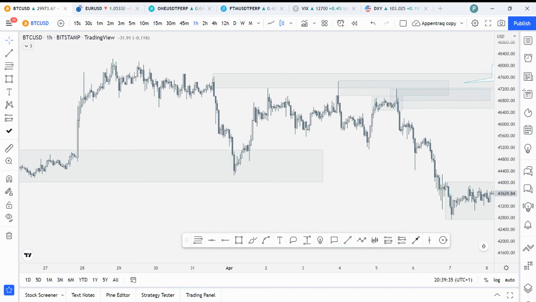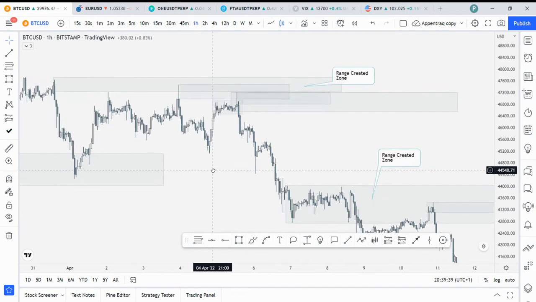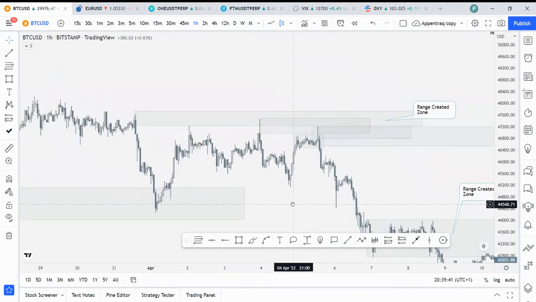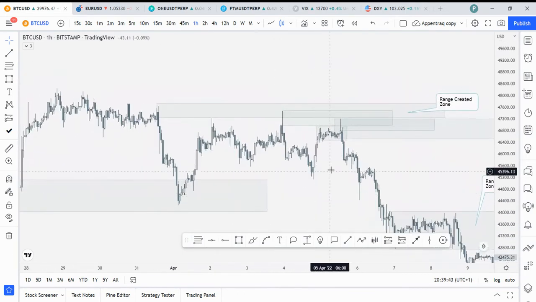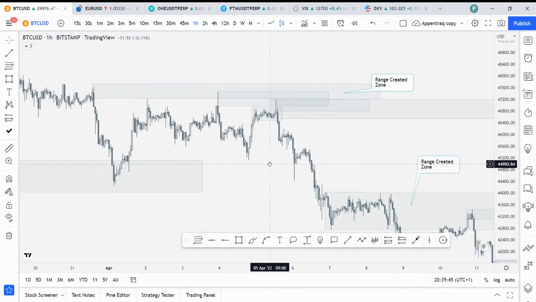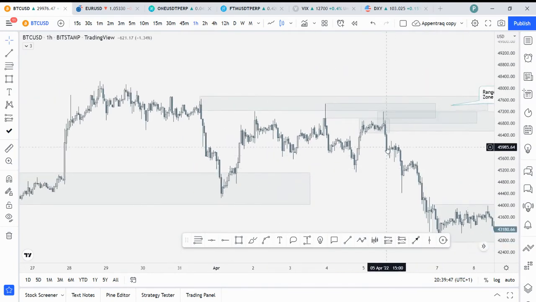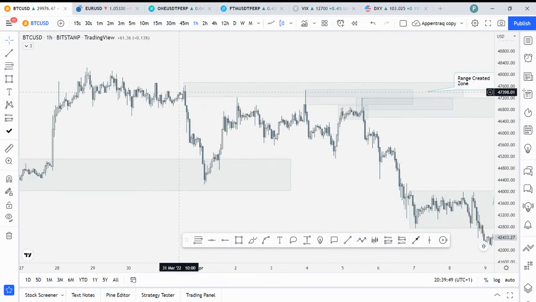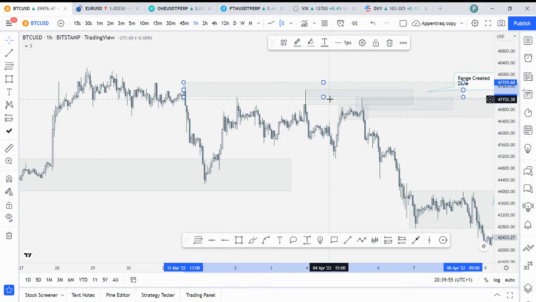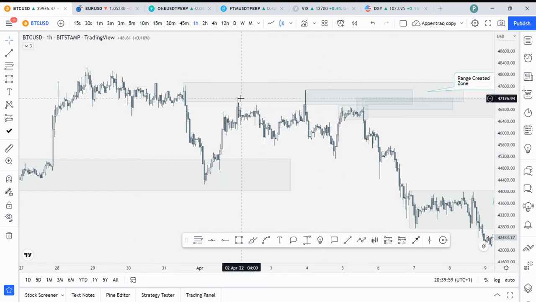Now, let me talk about mitigated and unmitigated zones. A mitigated zone is a zone that price has tapped back into. For example, for this zone, before price taps into it, you will say that it is yet to be mitigated.